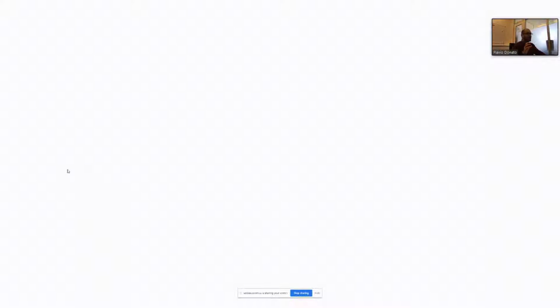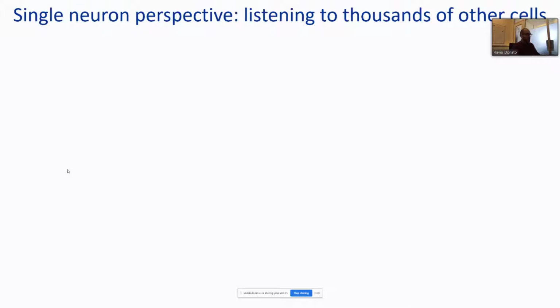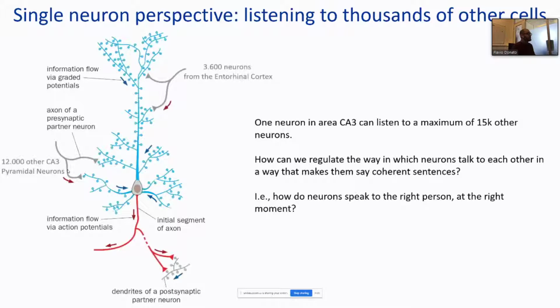If we look at the brain from a single neuron perspective, and we look at an area that is particularly close to the heart of the people that work with me, CA3, you find that one single CA3 pyramidal cell receives inputs from 3,600-ish cells, it's not so precise, but there is an estimation, from an area of the brain called the entorhinal cortex.